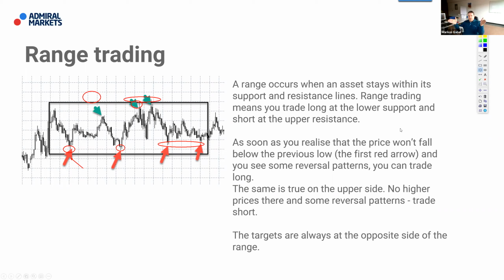You can create that range if you have your first high and your first low, and you can see the price won't get up anymore to the upper or the lower side. Then you have the creation of a range, and you can use this situation maybe 1 or 2 times, sometimes more than that. This is range trading.